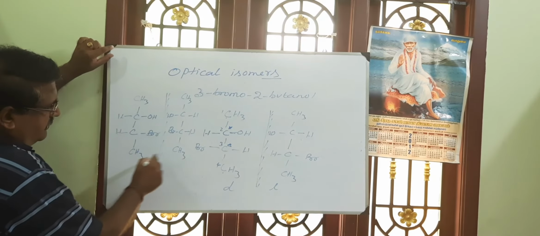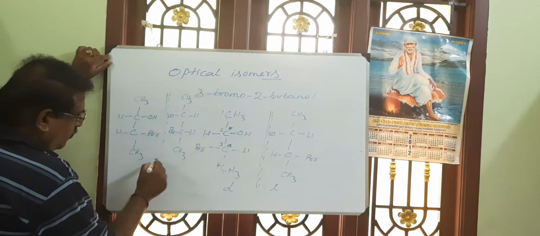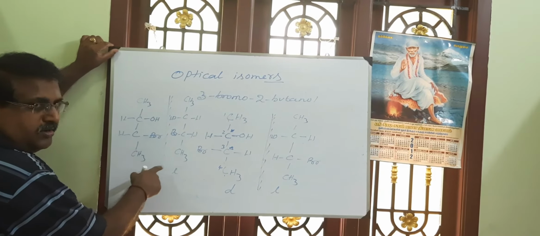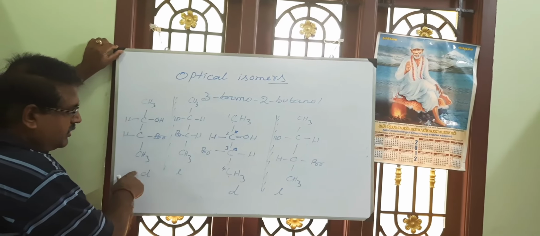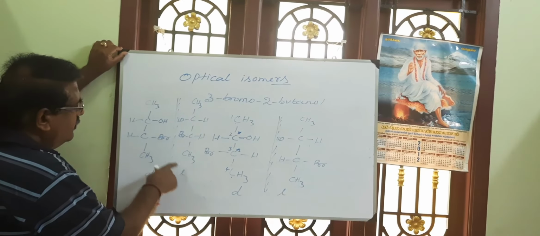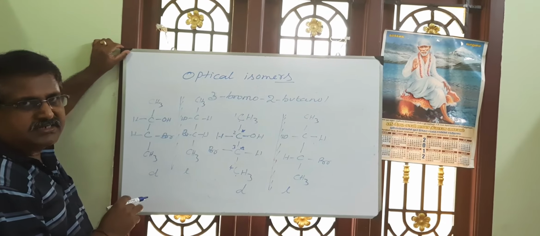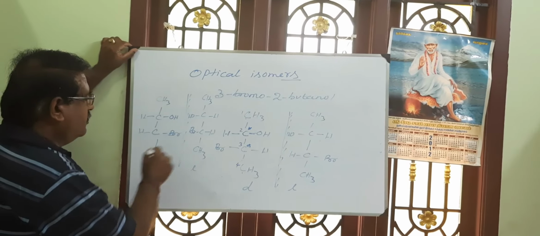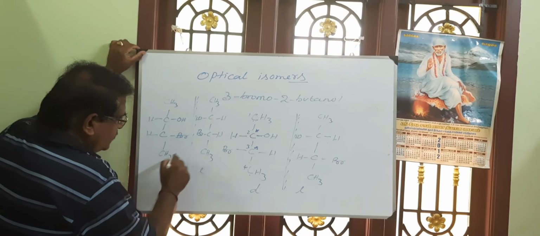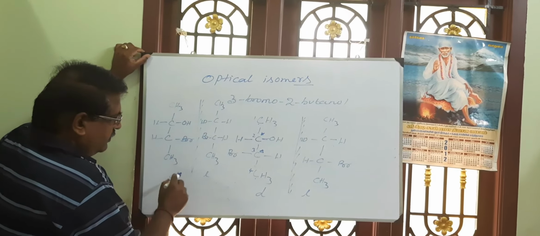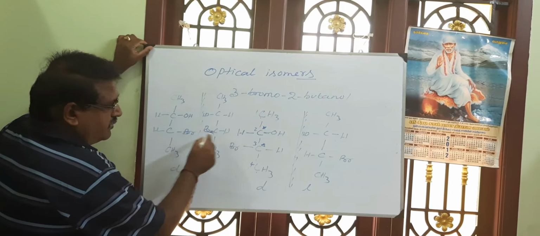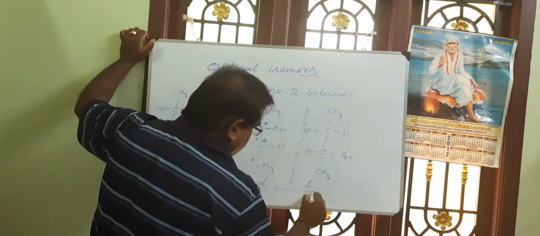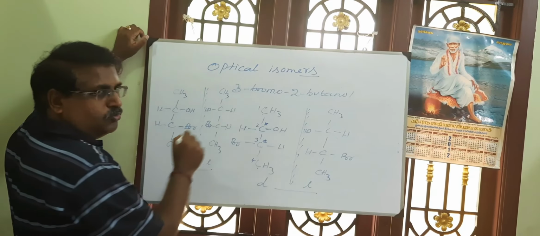So these are mirror images. One of them will be D, another one will be L. Upon doing the experiment only, we will make sure which is dextrorotatory and which is levorotatory. By looking at the structure, we cannot predict the optical active property of the compounds. Now these two isomers are enantiomers because they are mirror images, not superimposable. So this is one enantiomer, this is another enantiomer of this compound, 3 bromo 2 butanol.